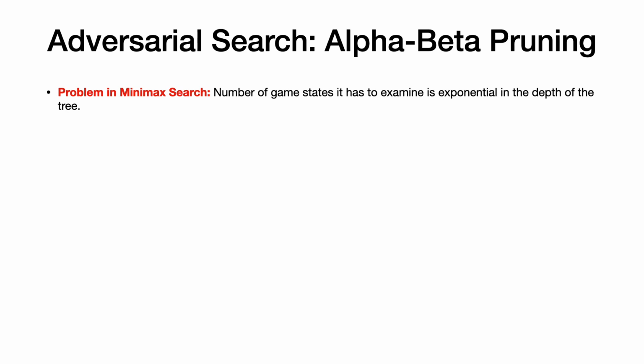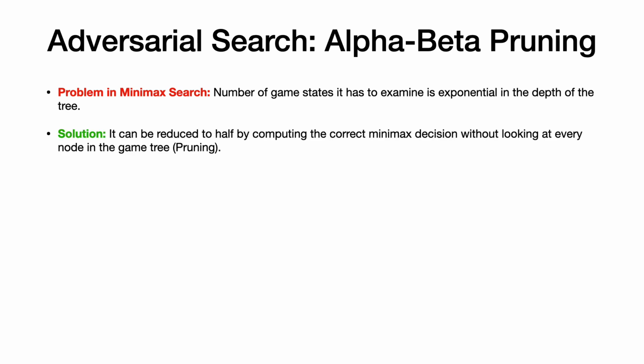To reduce that, we have discussed earlier that we can use pruning and various heuristic functions. Here, let us see how the alpha beta pruning technique employs pruning methods to minimize the tree and thereby reduce the number of nodes to be examined. The solution is that it can be reduced to half by computing the correct minimax decision without looking at every node in the game tree.